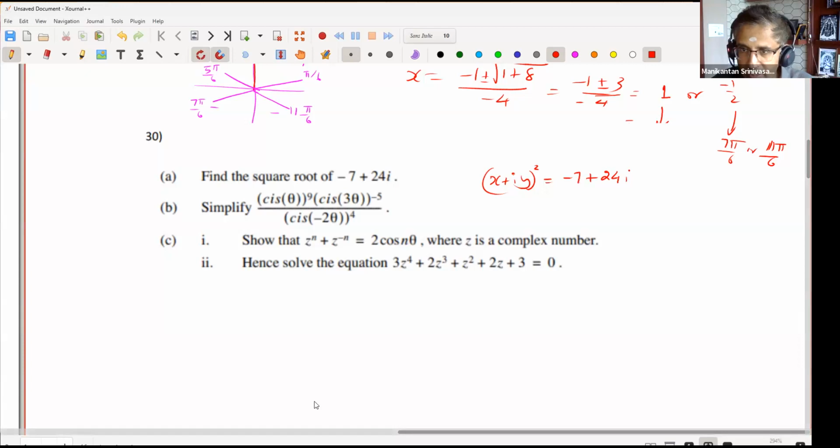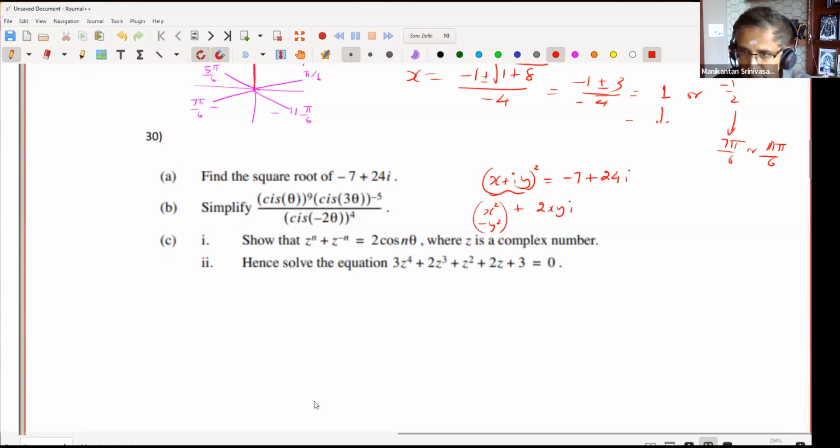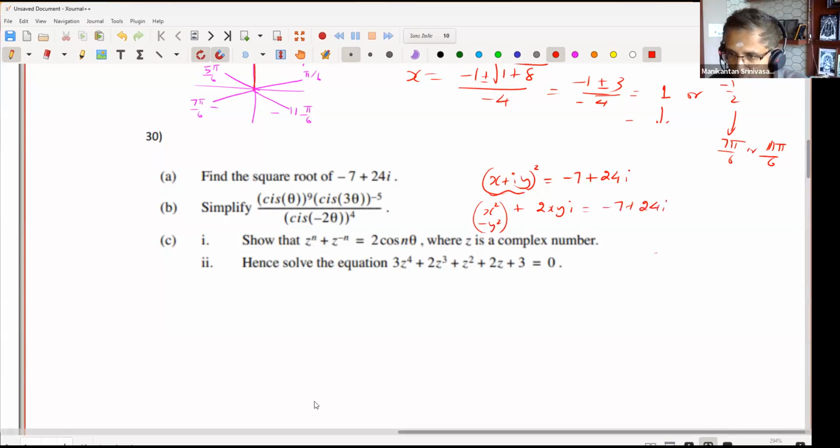So when I square this, I get x square plus 2xyi and then plus y square i square, which will be minus y square, equal to minus 7 plus 24i. So which means I need to find 2 numbers x and y such that x square minus y square is minus 7 and 2xy should be equal to 24. And then we can easily guess those numbers here itself, right?